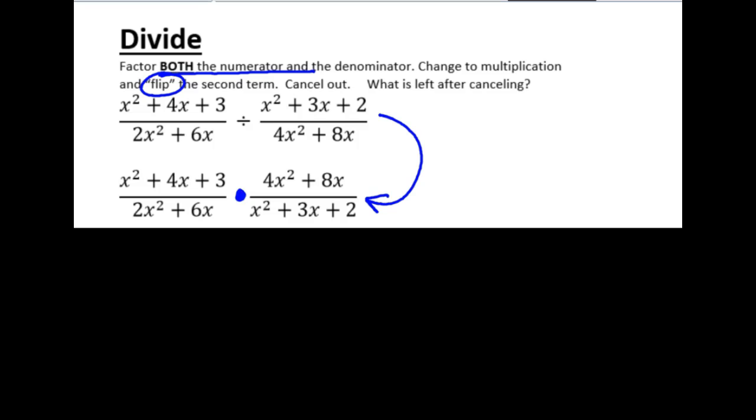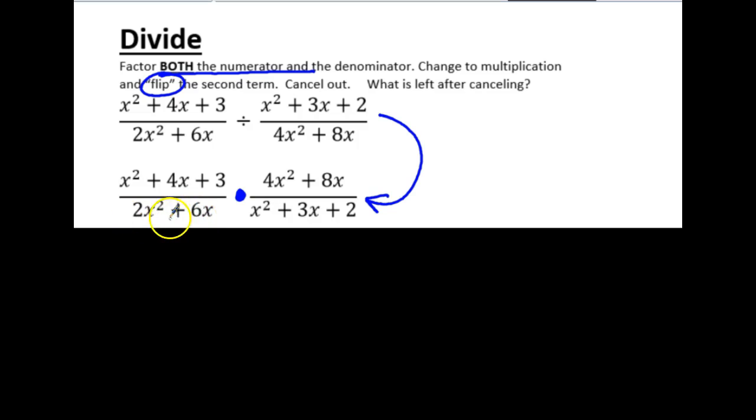Once you flip it upside down, then you factor it. And yesterday we had something like this in one of our problems, and a lot of people had trouble factoring it. This is a binomial. This isn't a perfect square, so how do you factor a binomial that's not a perfect square? Is there something that divides 2 and 6?